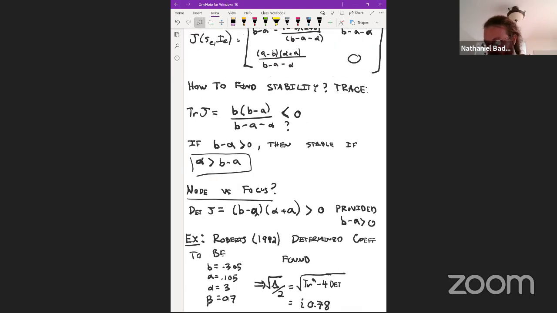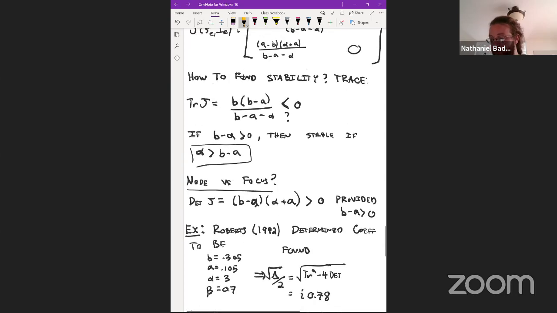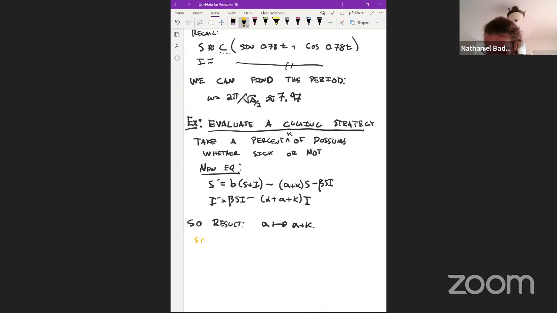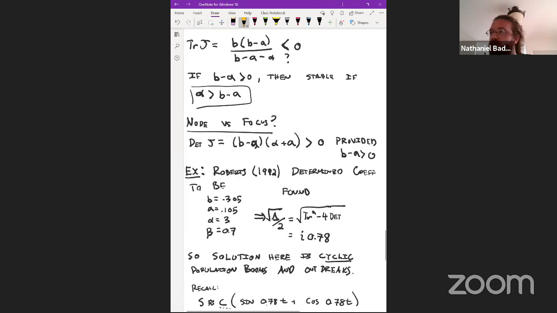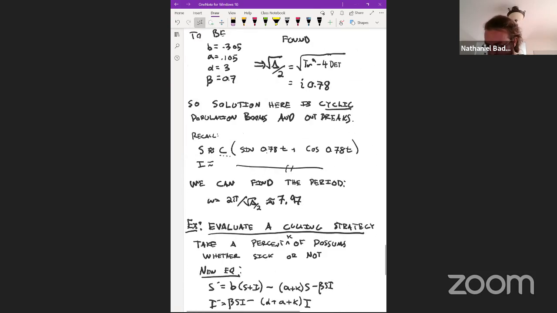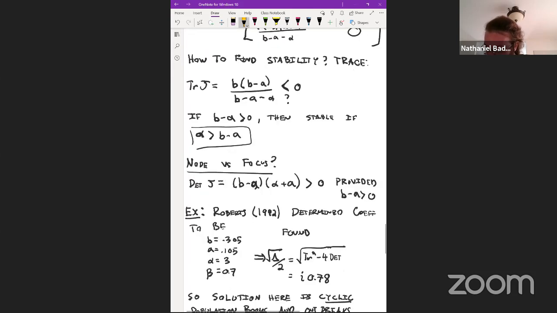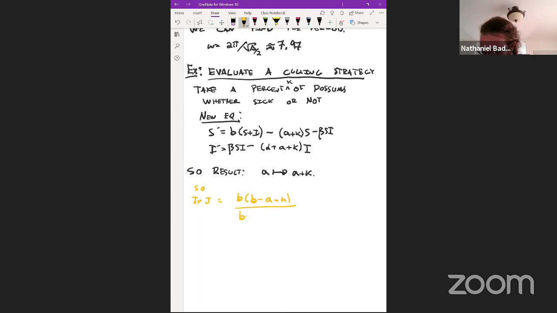Looking at the trace, if we shift the trace, the trace of J is now going to be B times (B minus A minus K) over (B minus A minus K) minus alpha.